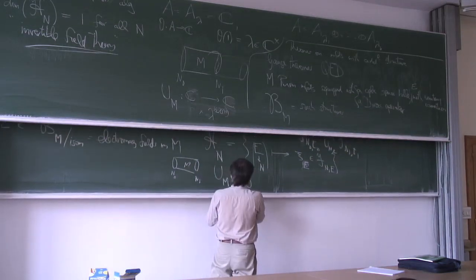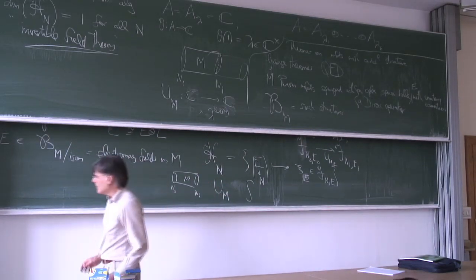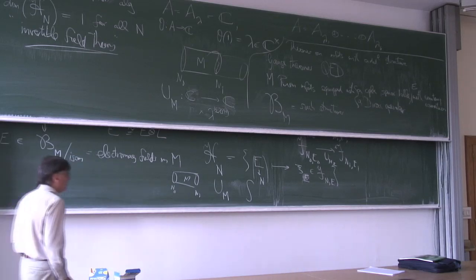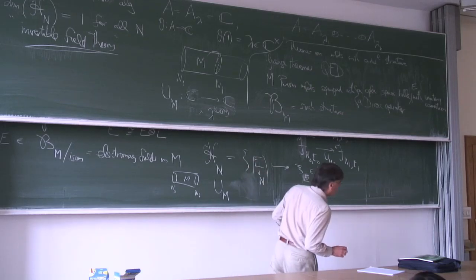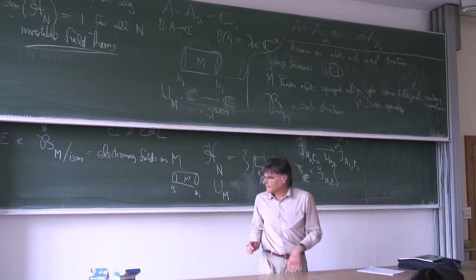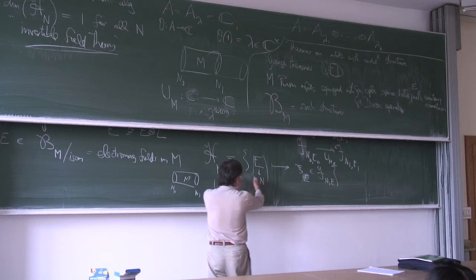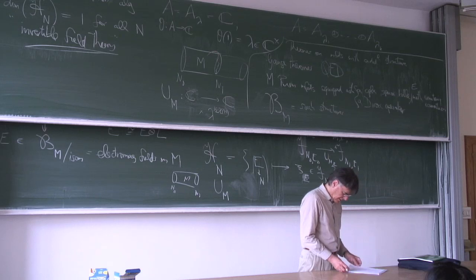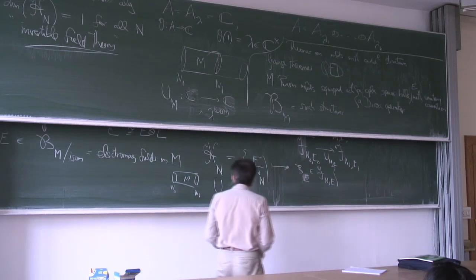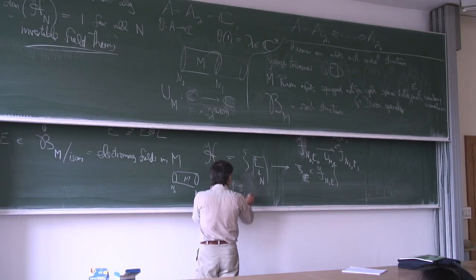So this is meant to be something which will associate, given some collection of these things psi_E, this will be on N0.